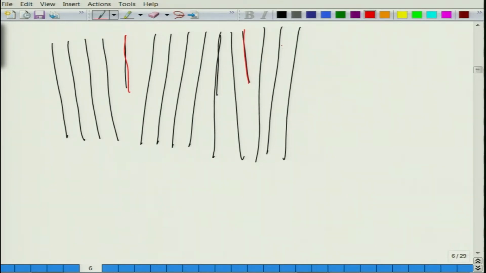So, these are both edge dislocations. If you look at the stress field around this dislocation, this is compressive, but this is also compressive. This is tensile, but this is also tensile.